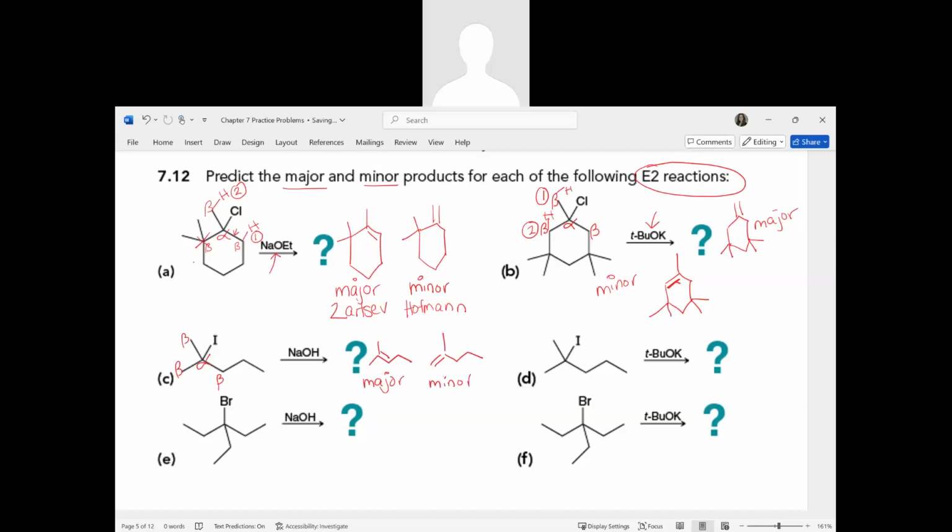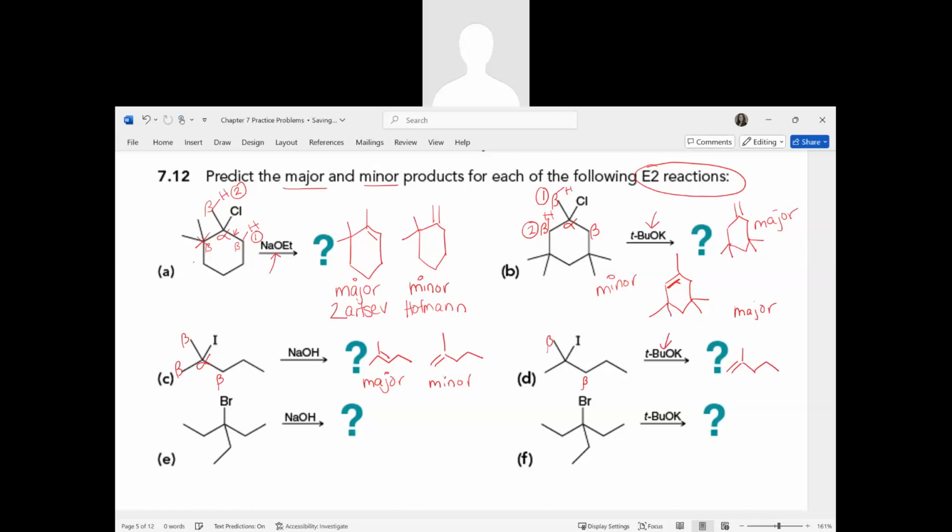Now let's take a look at compound D, and once again, we identify any of our beta carbons. We only have 2 unique sites. We have a bulky base, so now our major product is going to be the Hofmann product.